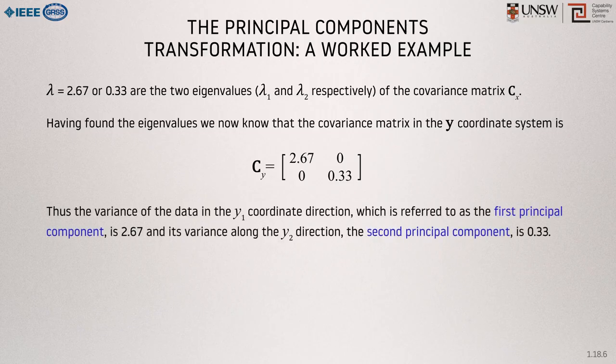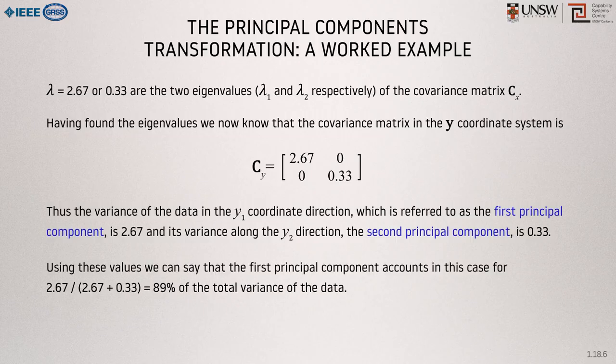This tells us that the variance of the data in the first of the new principal coordinate axes is 2.67, and that in the second principal component is 0.33. Thus, we expect to see the data scattered predominantly along the first principal component, as expected from the diagram we used initially to start our thinking about the principal component's transformation. It is common to express the amount of the variance accounted for by each of the principal components. Here we see that the first component accounts for 89% of the scatter of the data.